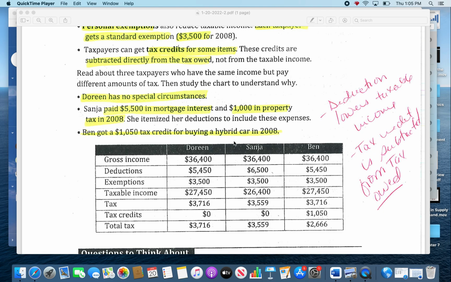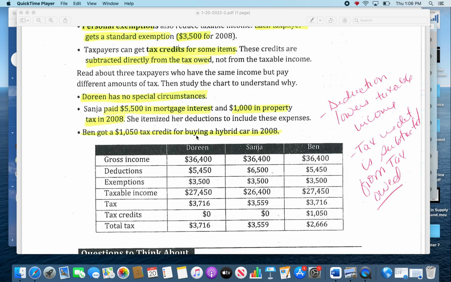So that is larger than what the standard deduction is. So she is going to use that as her deduction. She gets to count herself, so her exemption is $3,500, which means her taxable income is $26,400. And so she's paying on a smaller amount, so her tax bill is going to be less. She owes $3,559.